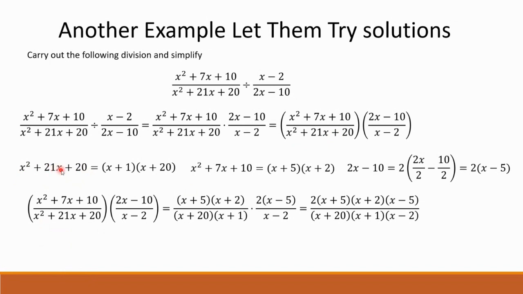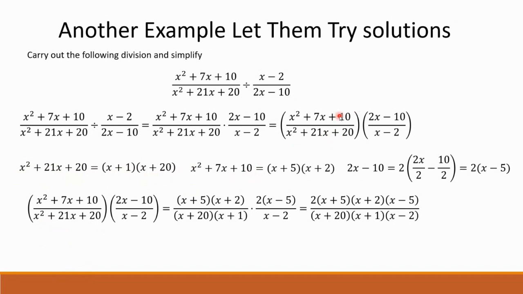Well, even without this being here, you should be able to see that 20 and 1 work. They're the ones that pull that off. So we have x plus 1 times x plus 20.